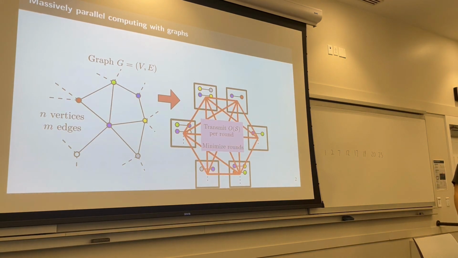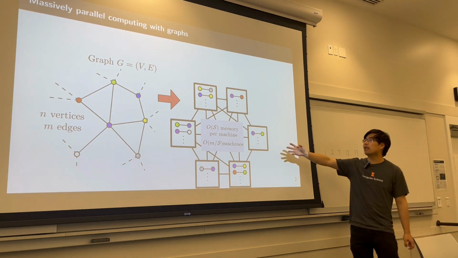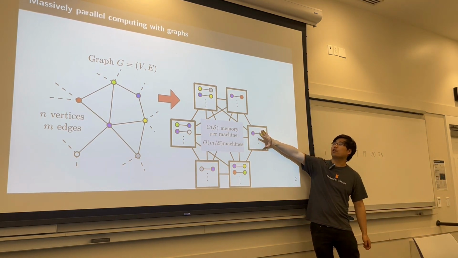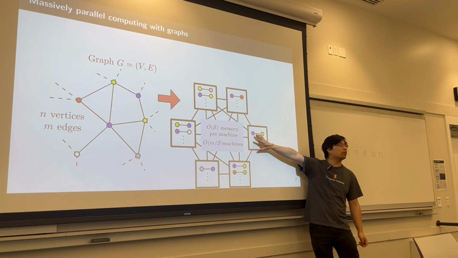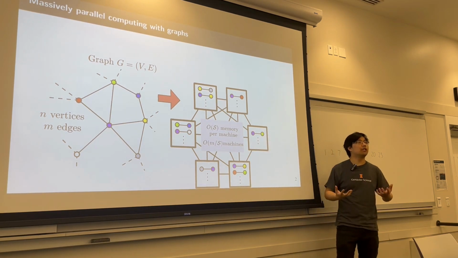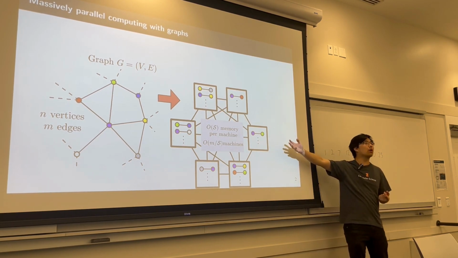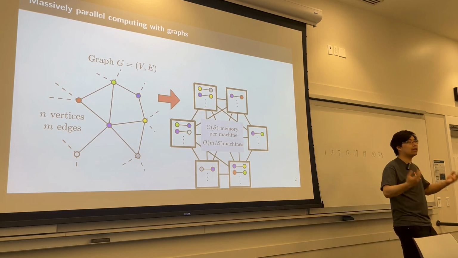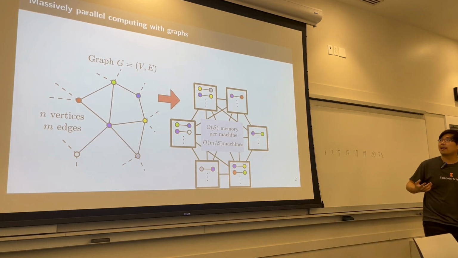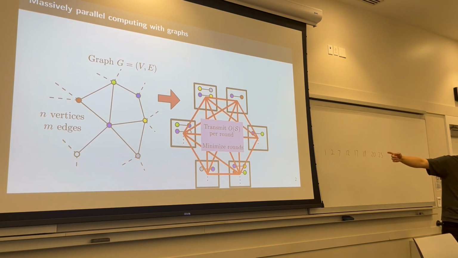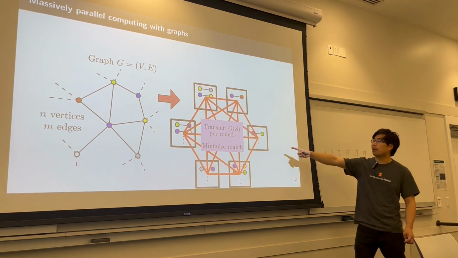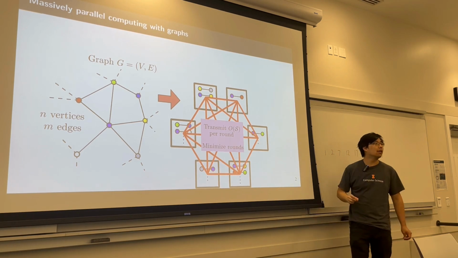In this model, if you want to do some local computation, that's cheap, because each machine can store all of this in its local memory and then do whatever it wants. The expensive part is communicating, transmitting information between the machines.